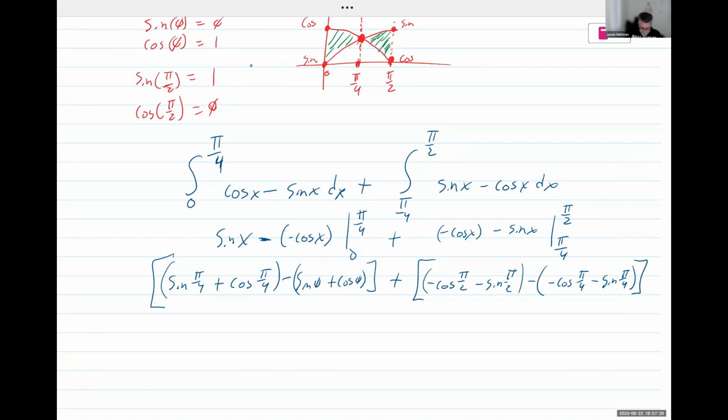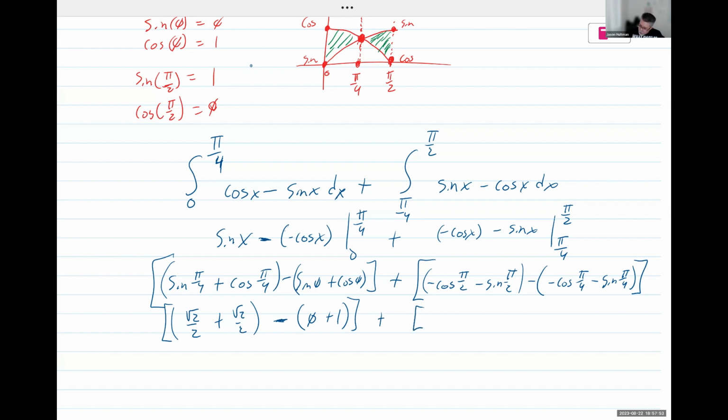Okay, what is the sine of pi over 4? Well, it's the same as the cosine of pi over 4. It's radical 2 over 2. So this is radical 2 over 2 plus radical 2 over 2, minus the sine of 0, which is 0, plus cosine of 0, which is 1.